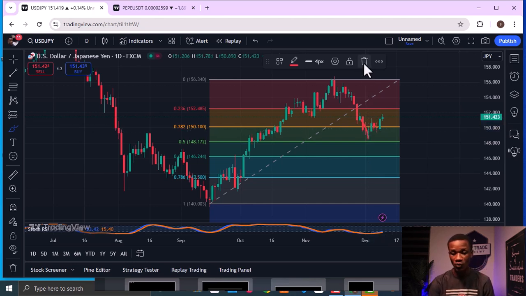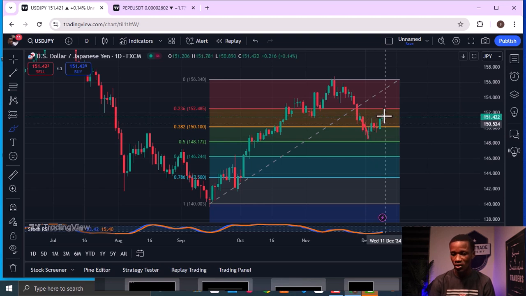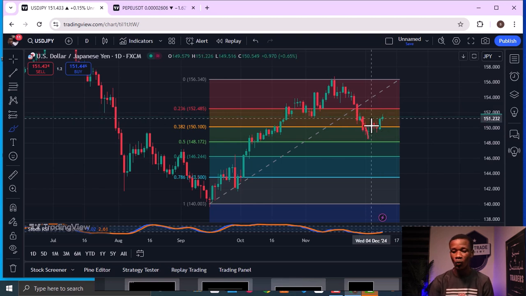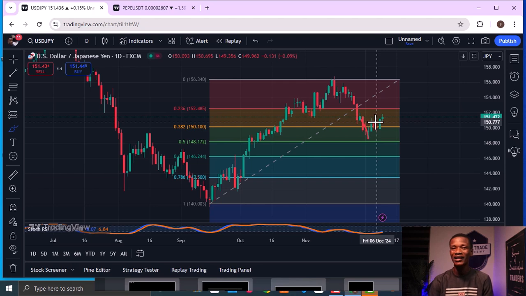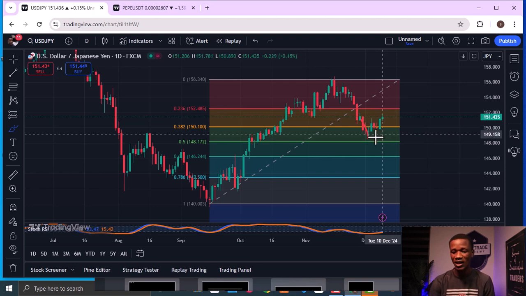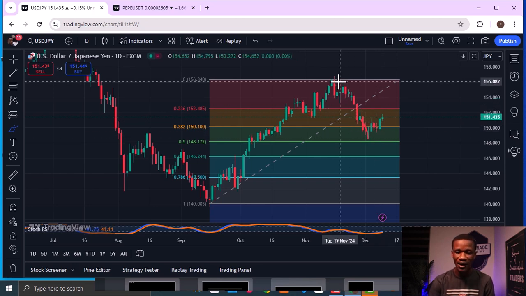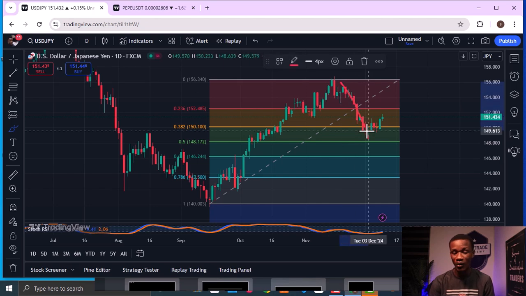So what you need to do right now is not to use the Fibonacci alone. Once you're in this situation where you want to enter the market, you don't just enter because the market came to the 0.382 or the 0.50 and then you just jump in.